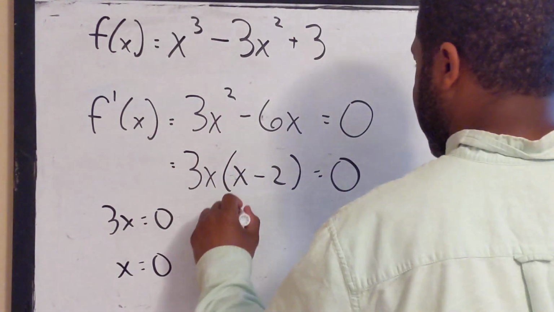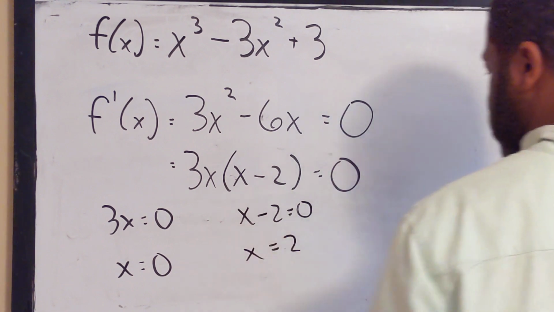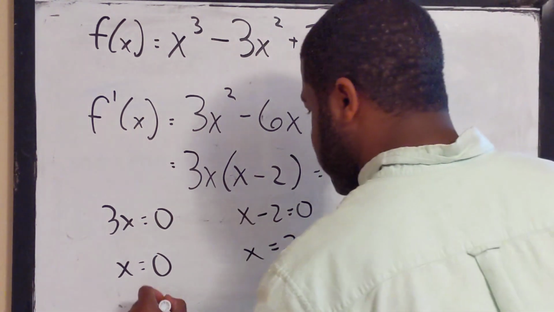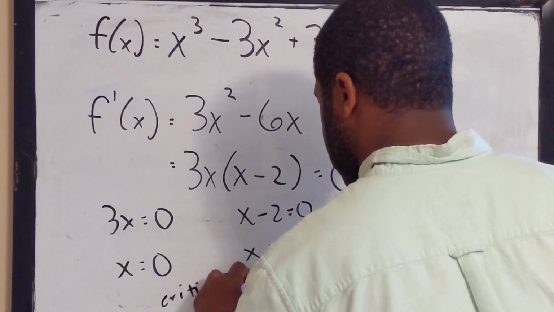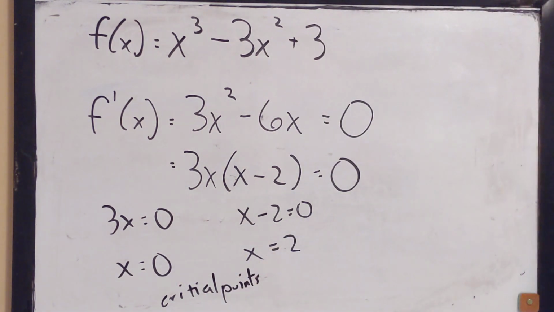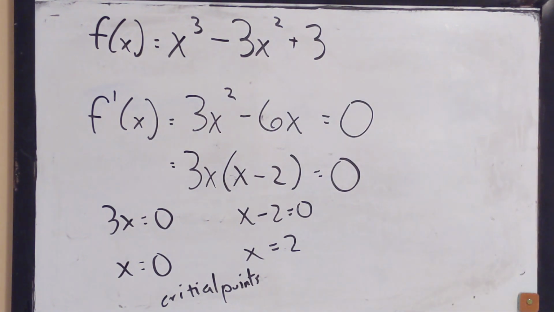Over here we have x minus 2 is equal to 0. Therefore, x is equal to 2. These are our critical points. These are the most important parts because the shape of our graph is based off of our critical points in this case.